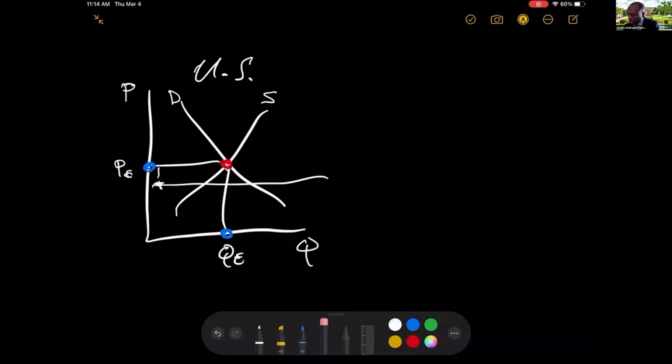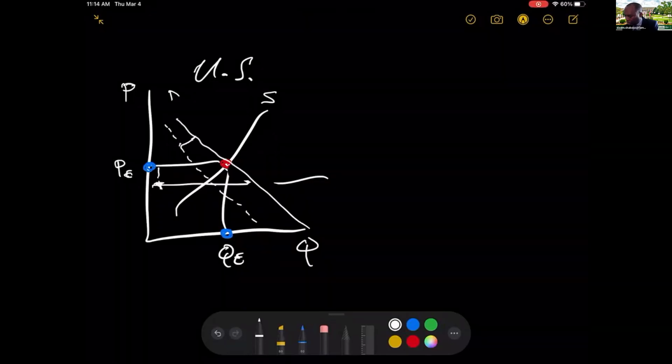This demand line shifts. Demand will decrease. Let me keep that line here. So demand shifts, and then you end up having a new equilibrium here.